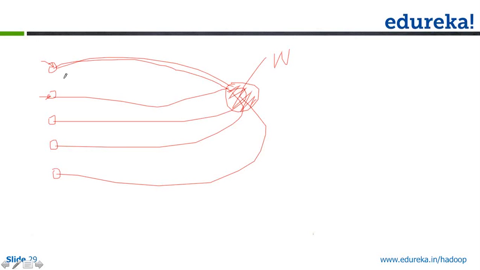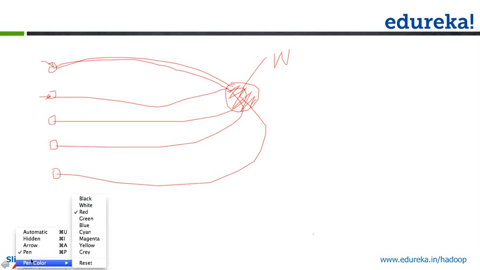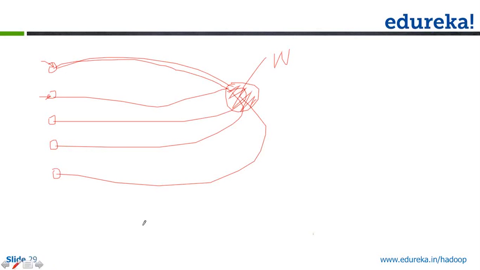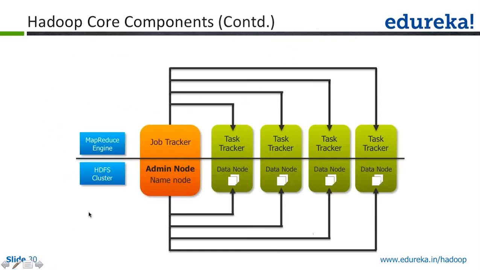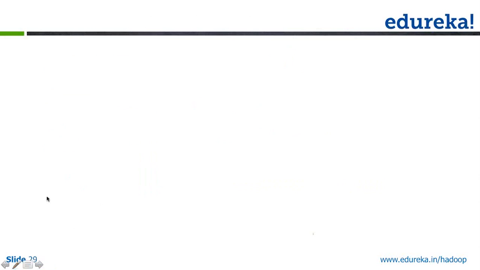So what could be the alternate solution? Let me try to see if I can get rid of this animation. The alternate solution could be that on these booths, you send your processing to these booths.